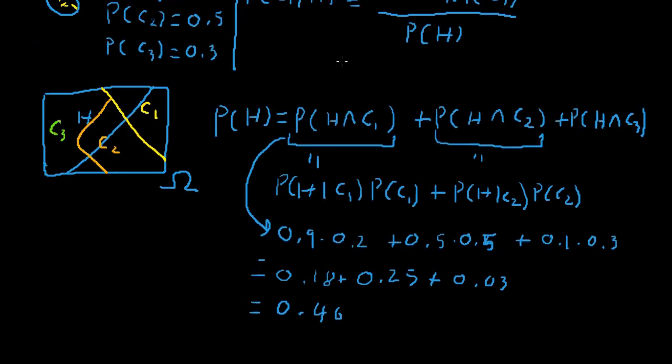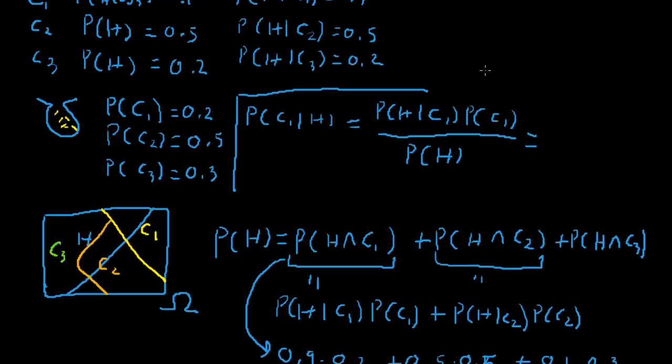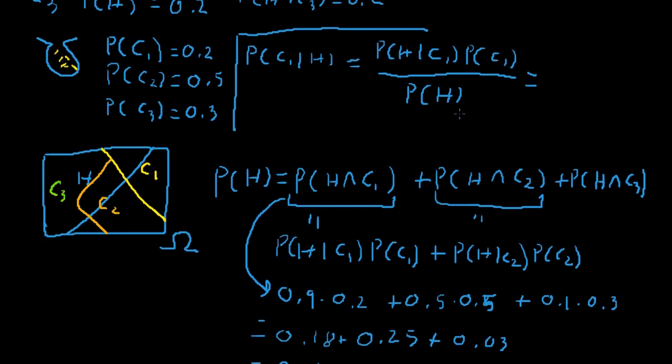Okay, so now we'll just plug everything into our Bayes rule over here. The probability of heads given coin 1 is 0.9, so we have 0.9 times 0.2 divided by 0.46.